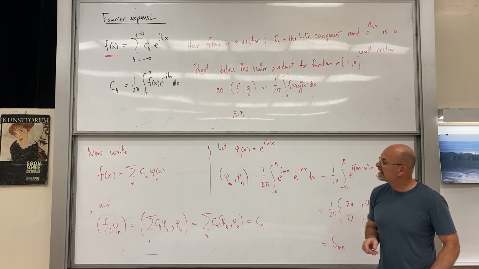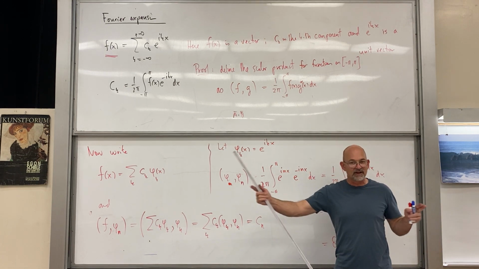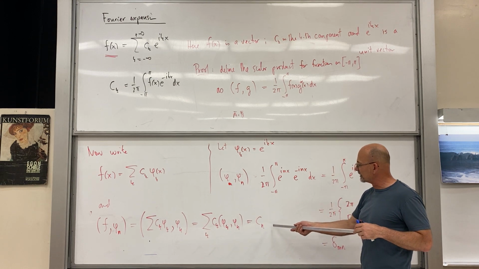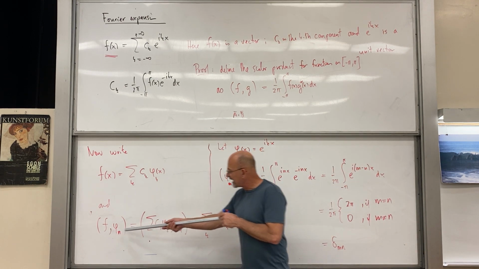So if you look at what I did a couple boards ago with the vectors, right, with the n-dimensional normal real vectors, you will see that this just duplicates that formula.